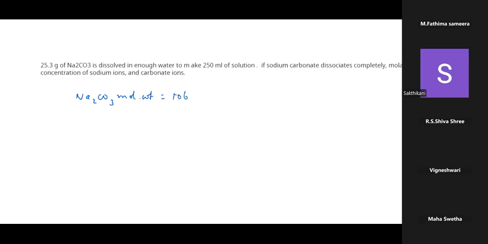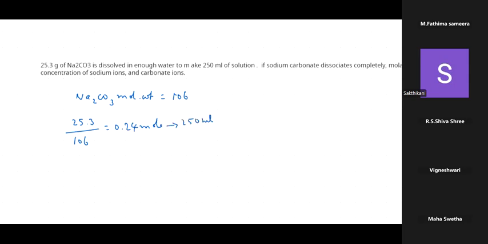So 25.3 gram will contain 0.24 mole. 0.24 mole is dissolved in 250 ml.